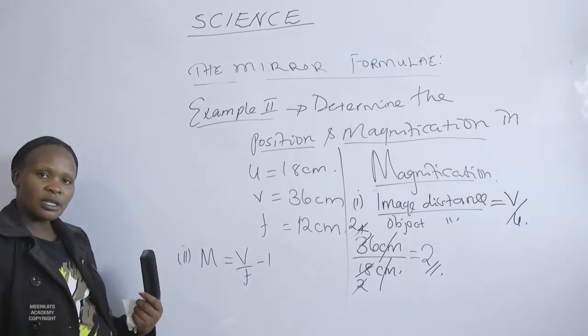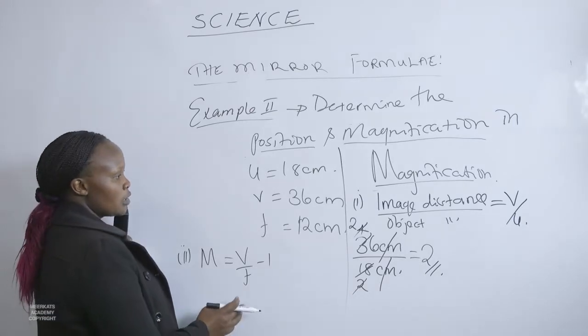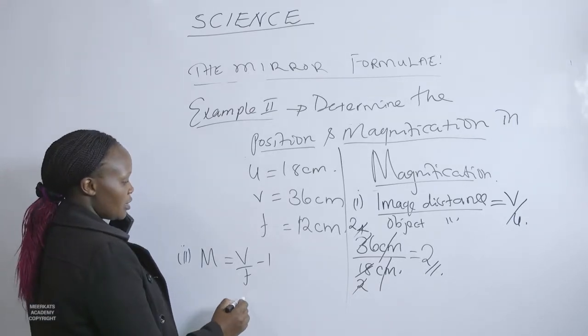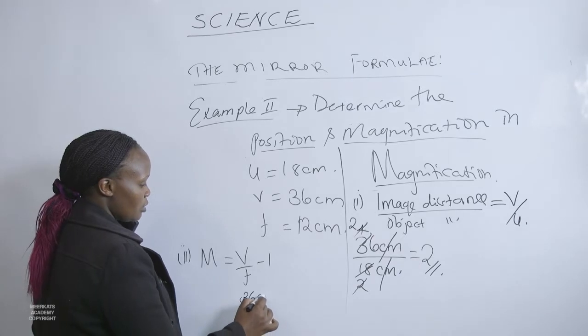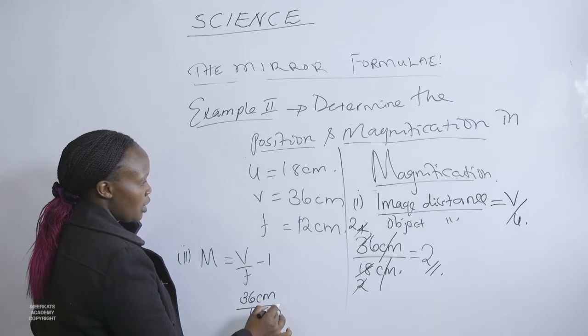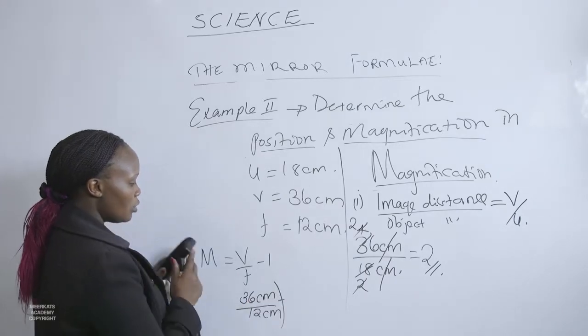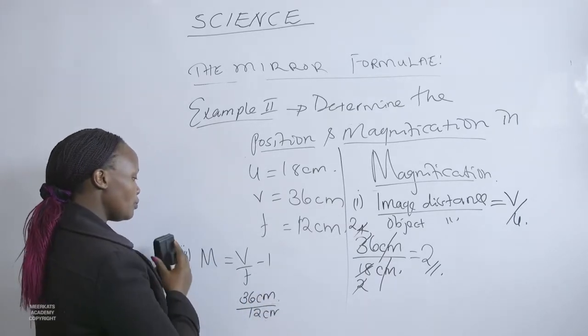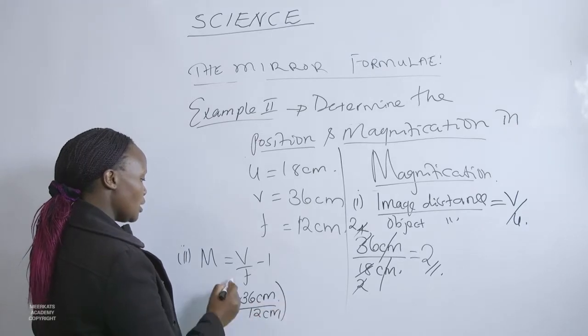So let us then substitute so that now V is 36 centimeters, F is 12 centimeters, and then the whole of that minus 1.